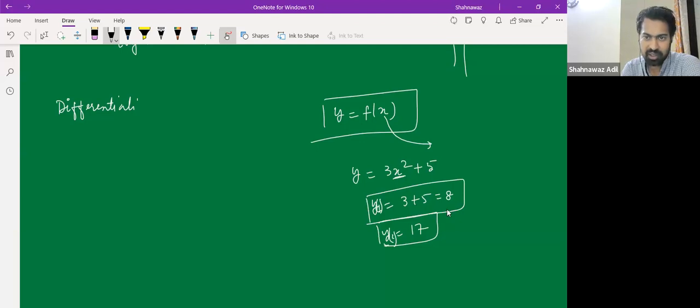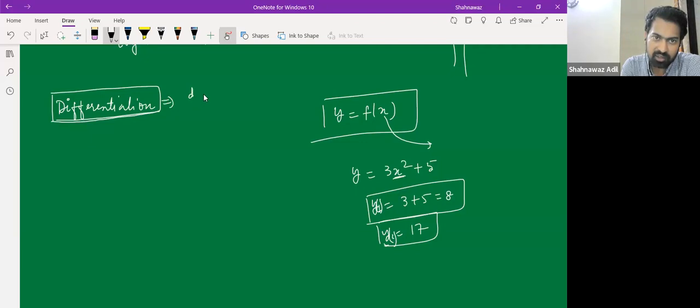Is that clear, guys? So we have this differentiation. This is an operation, just like addition, subtraction, and other operations. This is defined as dy by dx.